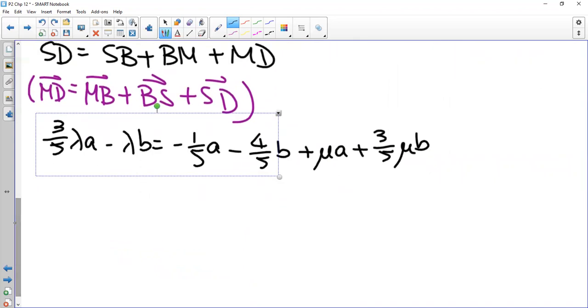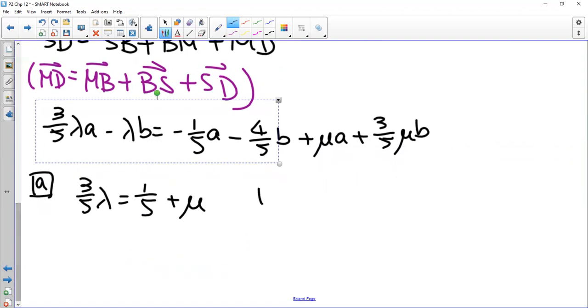If I compare coefficients of A, I'll get 3/5 of lambda equals a fifth plus mu. If I compare coefficients of B, I will get minus lambda equals minus 4/5 plus 3/5 mu.